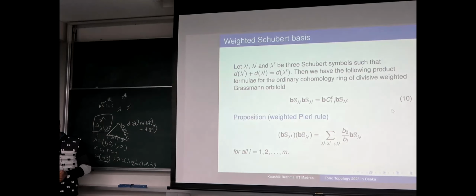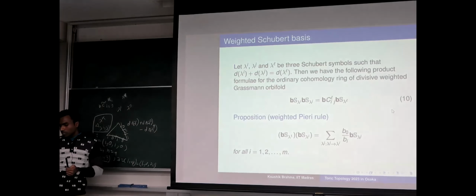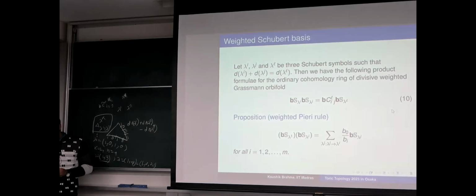Then first we compute what will be the case when i equals 1, when any of them is 1. For i equals 1, that is the weighted Pieri rule. The Pieri rule is known for the Grassmannian also. If i equals 1, then bs lambda 1 times bs lambda i is exactly the sum of those lambda j such that lambda j covers lambda i.